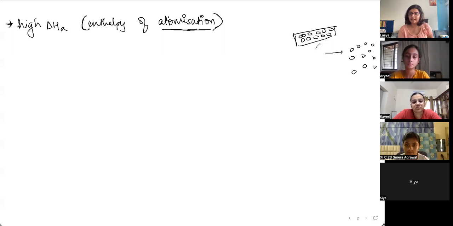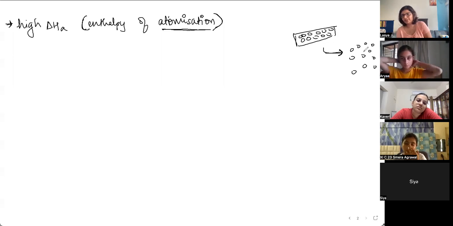Okay, so enthalpy of atomization, as she said, is breaking it up into individual atoms. Essentially, all the atoms are held together by metallic bonds. If you want to atomize them, you're breaking these bonds and making them into individual atoms. That's what enthalpy of atomization is.